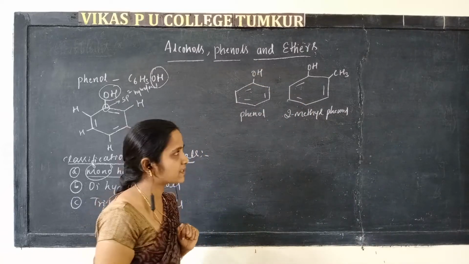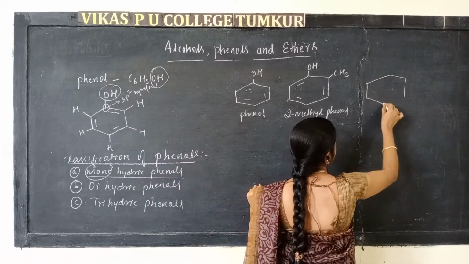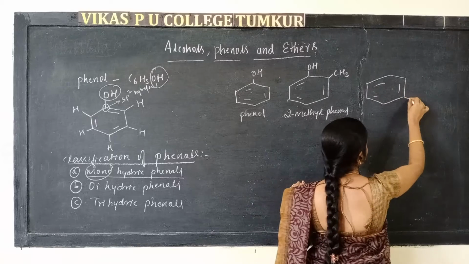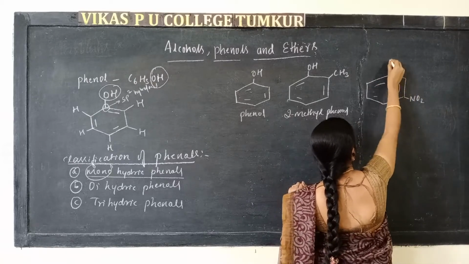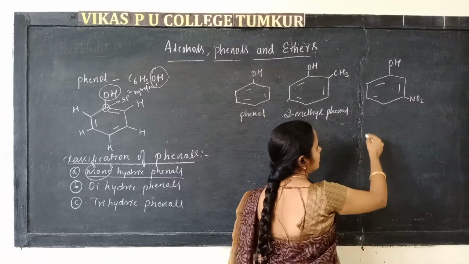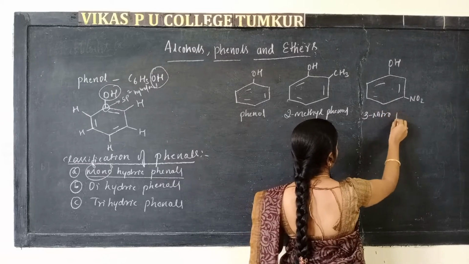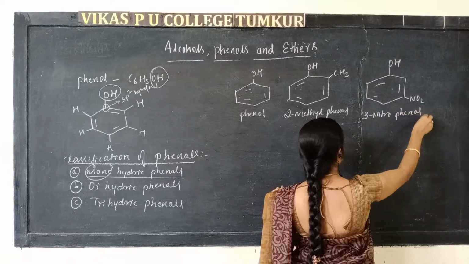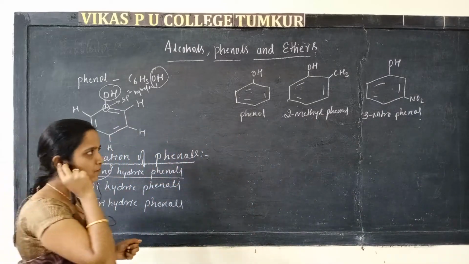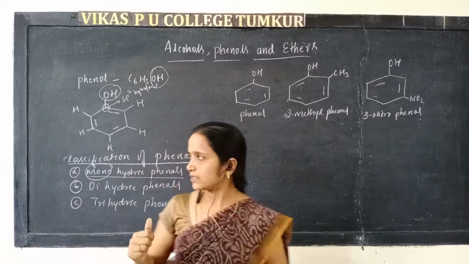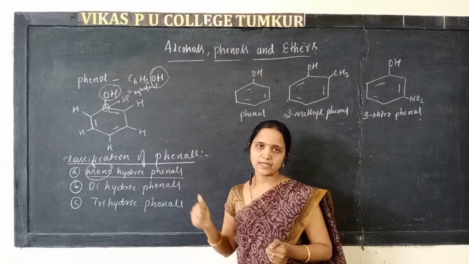Similarly, if you take 3-nitrophenol, like this we take examples for monohydric phenols, where only one OH group is attached to the aromatic ring.